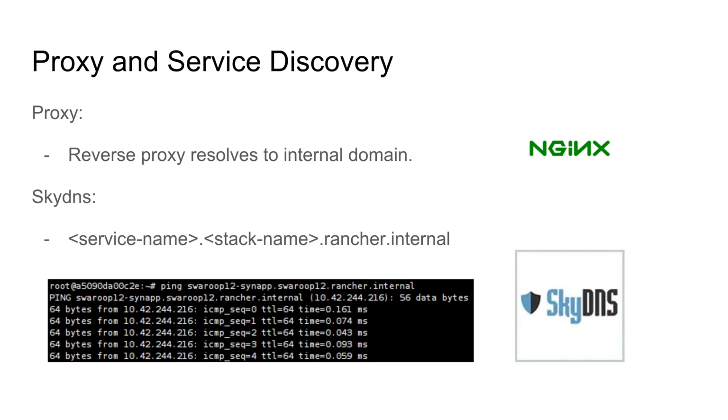So this way we don't have to write 1,000 rules for 1,000 websites. It's just one rule. Extract from the host name the name of the website, and then add .rancher.internal. So it's sort of service discovery through DNS that comes with Rancher.